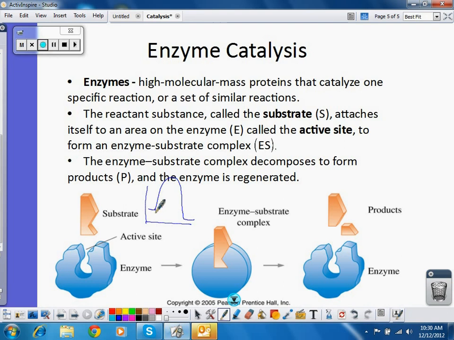But what the enzyme does is, when that substrate attaches, it twists the molecule around and causes it to be easier to break the substrate apart and then to form products. So enzymes are really orientation tools. They properly orient a single molecule or multiple molecules so that the orientation is all set up for an effective collision to occur.